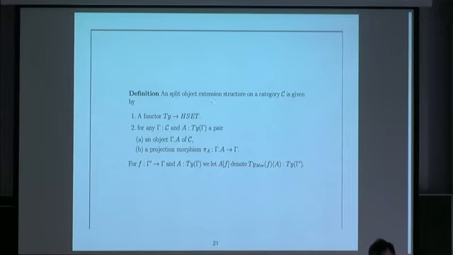So a split object extension structure is an almost trivial thing. It's a functor. Well, actually, it should be Ty is the name of the functor, and this is a mistake here. So it's a contravariant functor from C to HSet called Ty, so a pre-sheaf of sets.